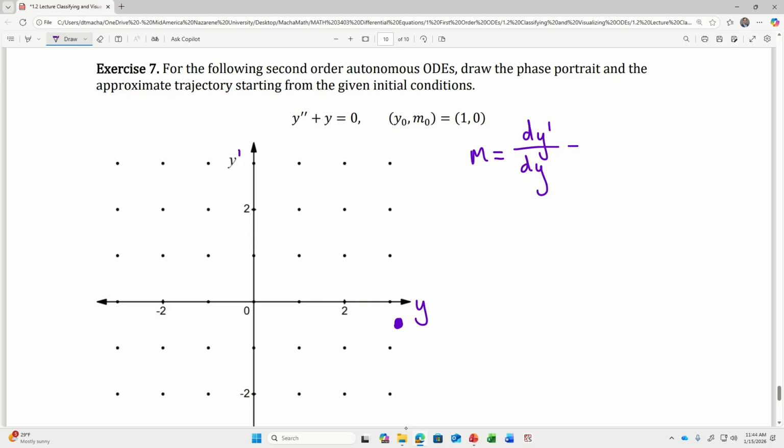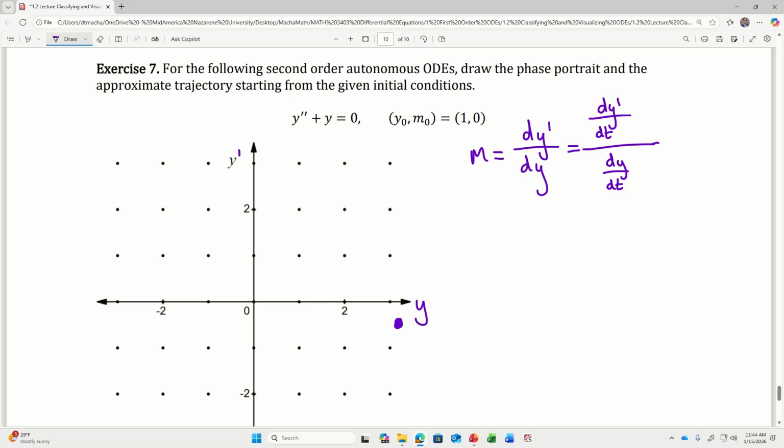What we're going to do is say this is the derivative of y prime with respect to t divided by the derivative of y with respect to t. Does everybody agree that would actually be the same thing? Because you could multiply by dt in the numerator and denominator and cancel out those dt's.